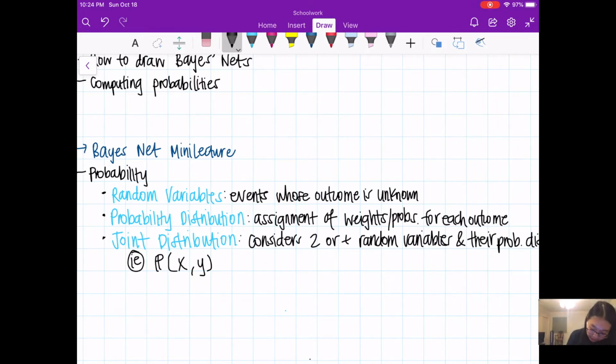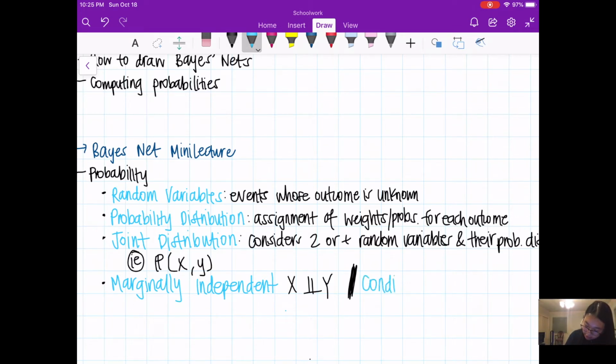The last thing regarding probability that I want to point out is the difference between marginally independent, which is when two random variables are independent, so x is independent of y, and this middle symbol just represents independence, versus what we call conditionally independent.